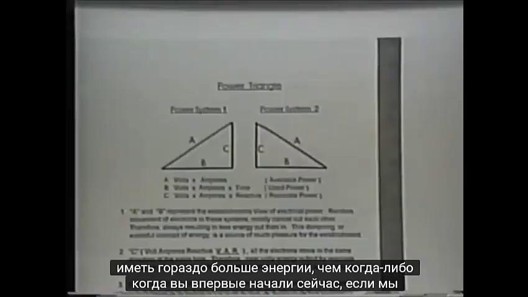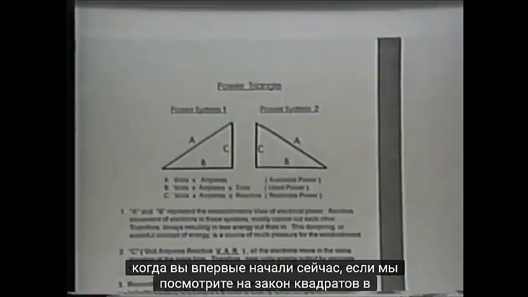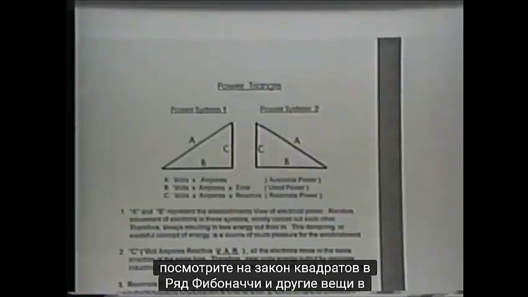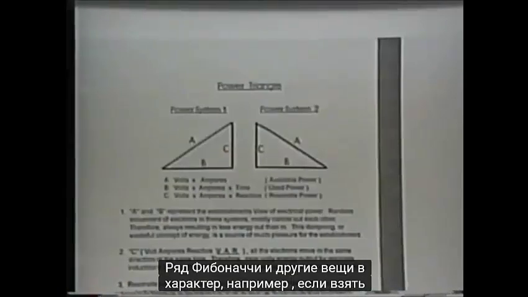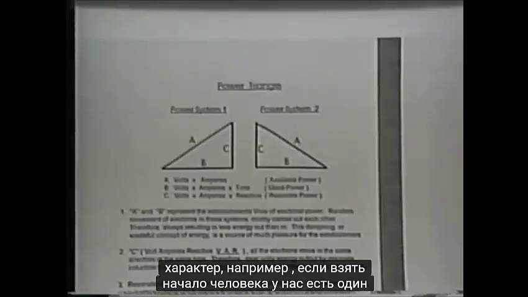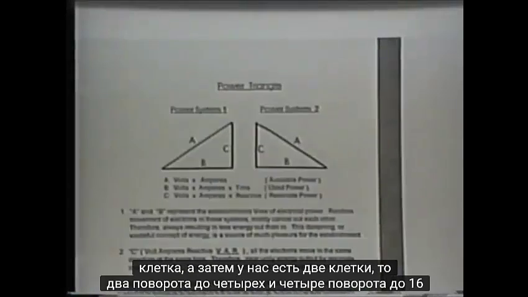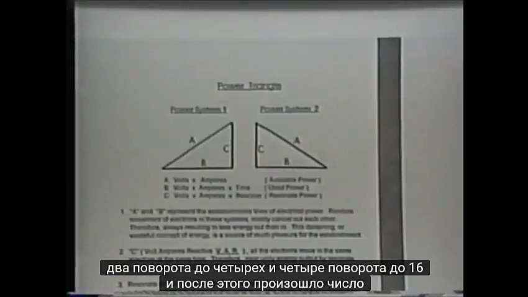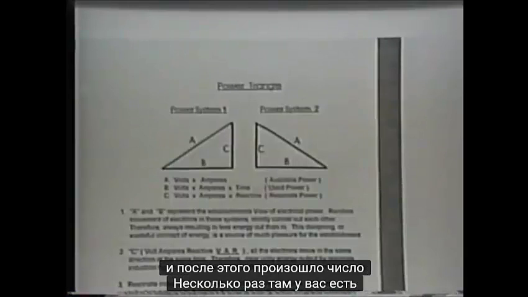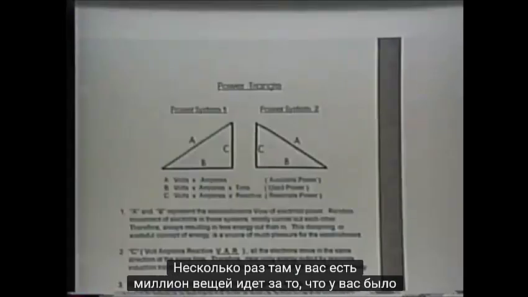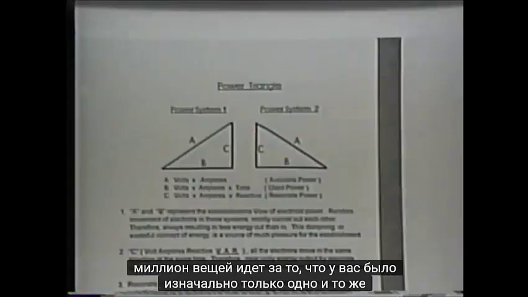Now, if we look at the law of squares and the Fibonacci series and other things in nature, for example, if we take the beginning of a human being, we have one cell, and then we have 2 cells, then the 2 turn to 4, and 4 turns to 16, and after that has happened a number of times there, you've got a million things going for what you had initially just one of.